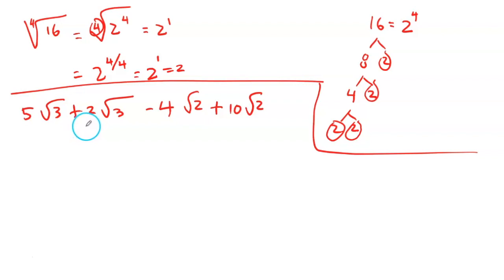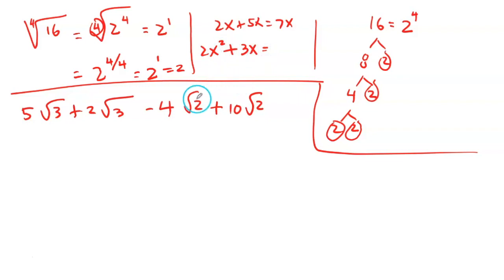Think about like terms. In algebra, 2x plus 5x gives you 7x, right? If I have 2x squared plus 3x, are they like terms? No, they're different because they have different exponents. So they're not like terms. So this is your final answer.